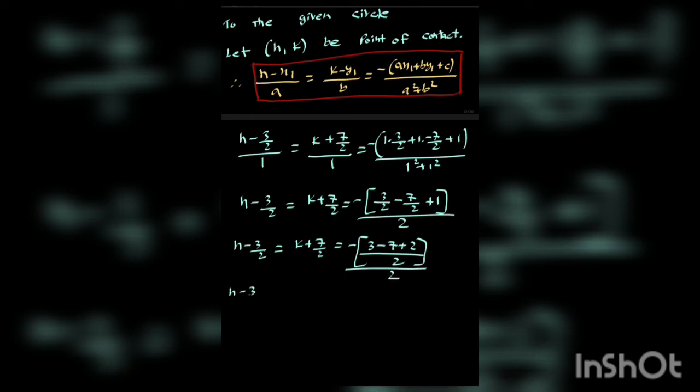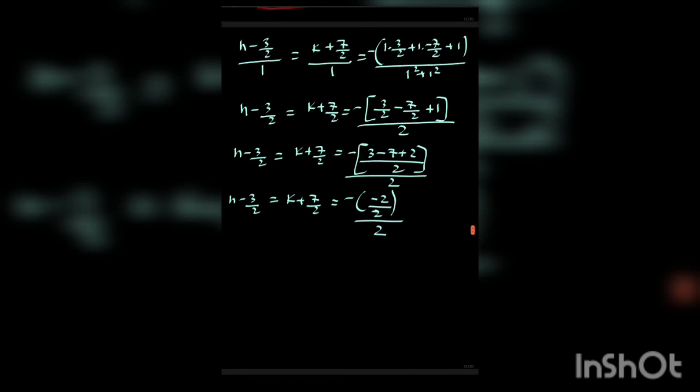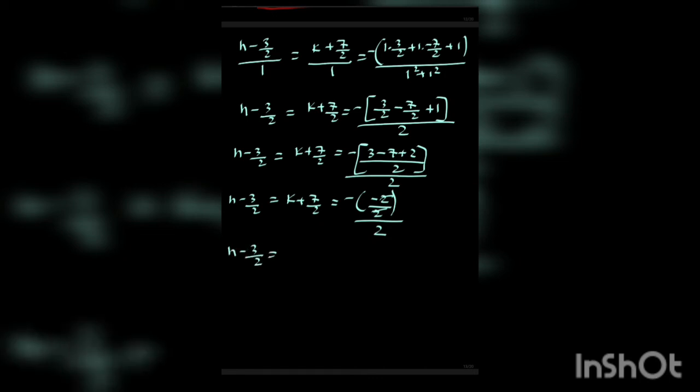So H minus 3 by 2 is equal to K plus 7 by 2 is equal to minus of 7 minus 7 plus 5, that is minus 2 minus 2 2. So 2 get cancelled, minus 1 by 2, and minus of minus, it is plus. So H minus 3 by 2 is equal to K plus 7 by 2 is equal to 1 by 2.